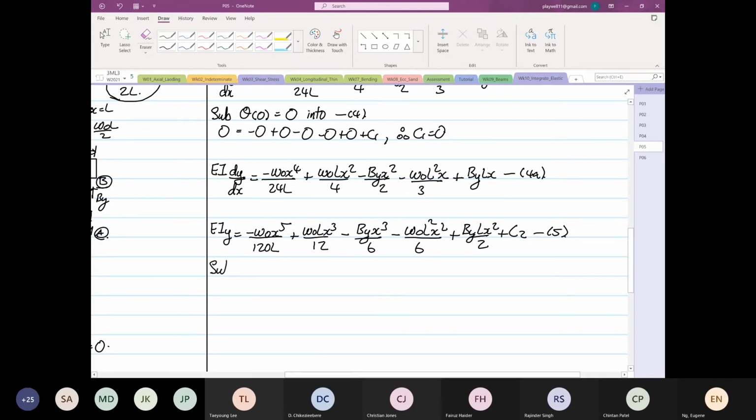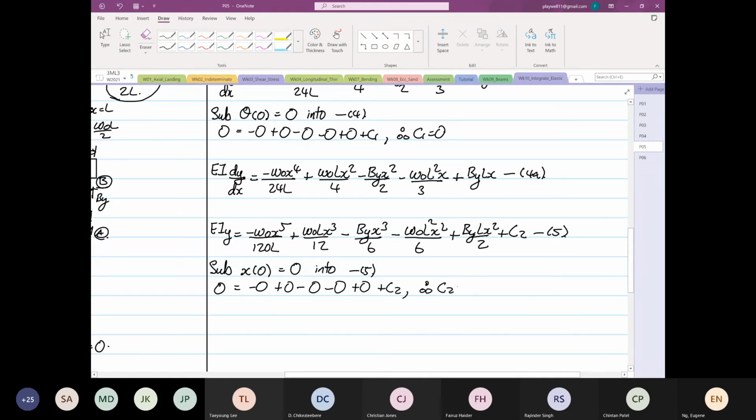So we're going to substitute x equals 0, distance 0, deflection equal to 0, into equation number 5. So what you see again is good news. You get 0 minus 0 plus 0 minus 0 minus 0 plus 0 plus C2.